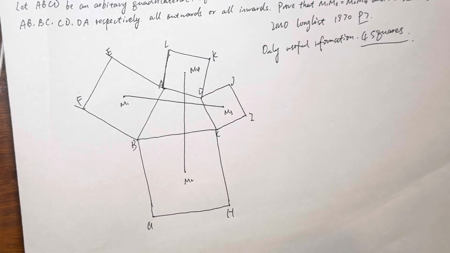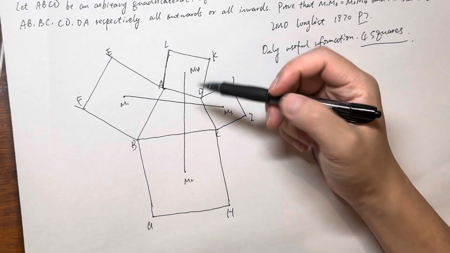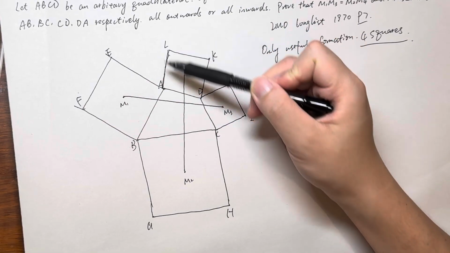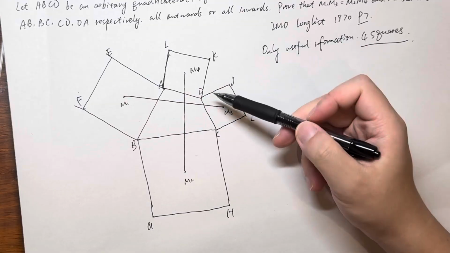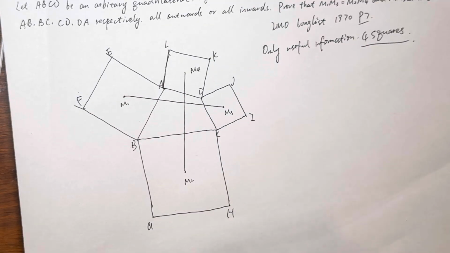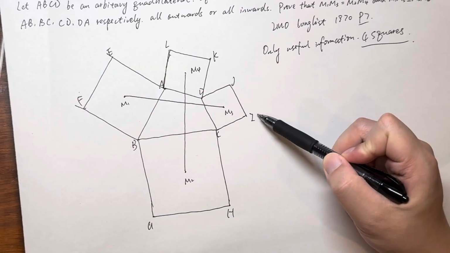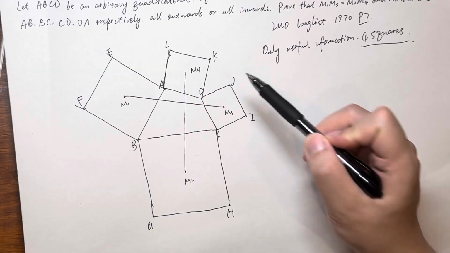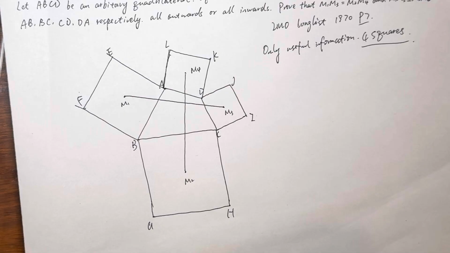That's the only useful information, which means we have to find the relation between these four squares, right? For the four squares, we have the knowledge that the four sides are equal. That means AD, DK, LK, AL are equal, and DC, CI, IJ, DJ are equal, right?